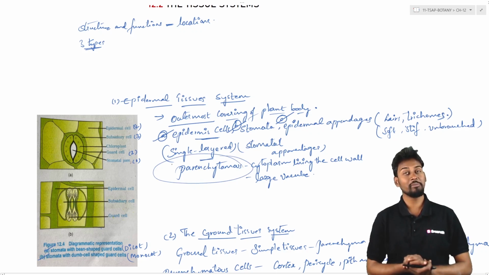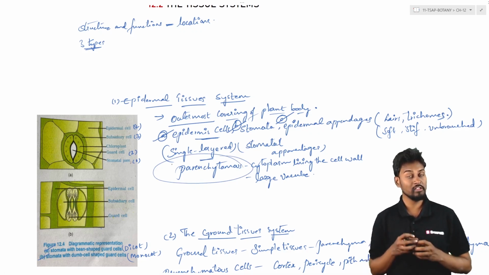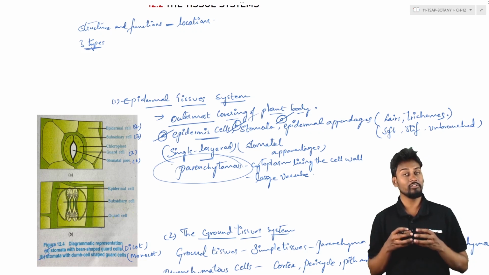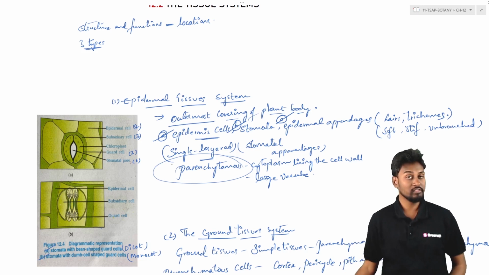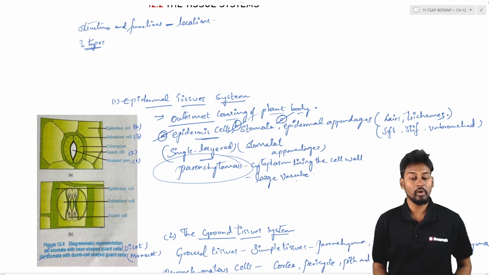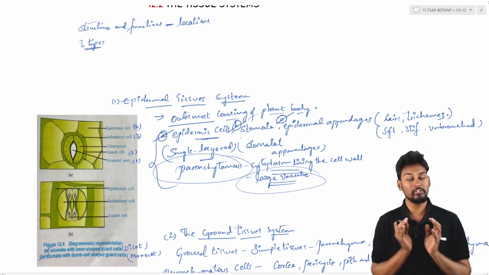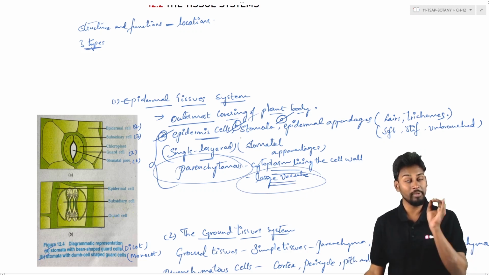They consist of a very thin cytoplasm, which forms a lining within the cell wall, and they also have a large vacuole. So this is the entire thing which we are explaining about the epidermal cells.